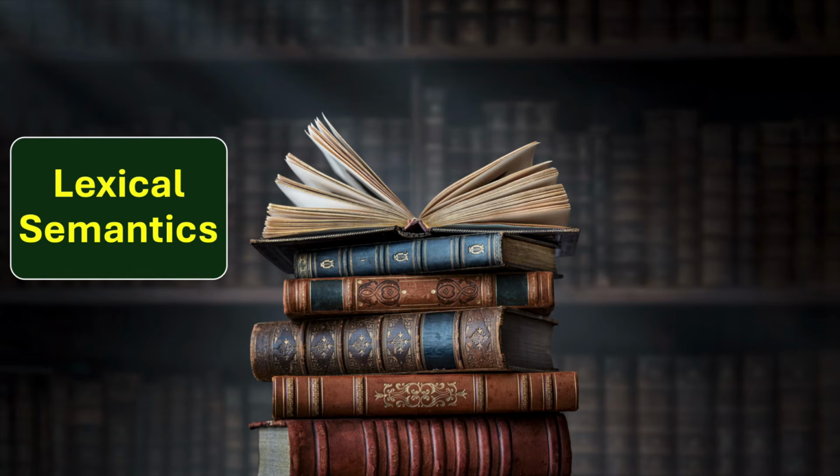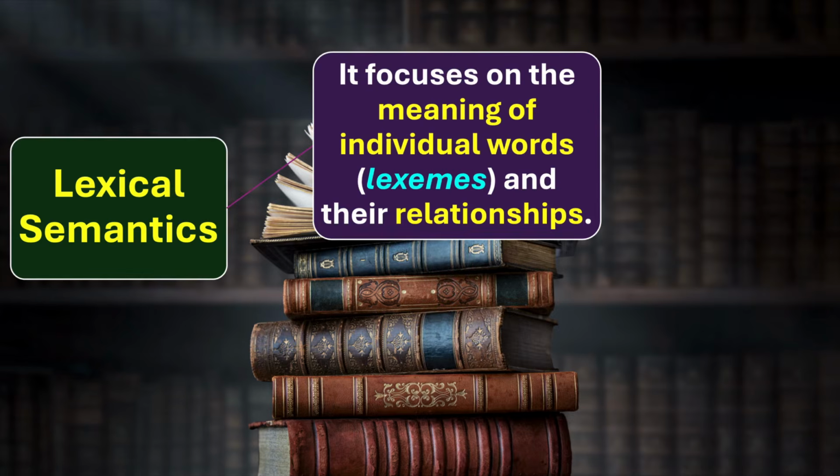Lexical semantics. What is this? It focuses on the meaning of individual words, and individual words are technically referred to in linguistics as lexemes, and their relationships. So in lexical semantics, we focus upon the meaning of the individual words and how individual words play the role in the making of a sentence, in giving the meaning of the sentence.